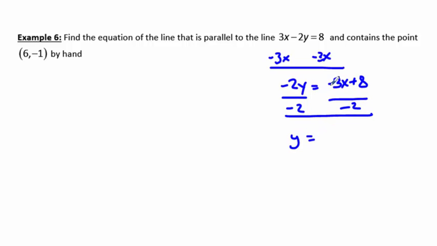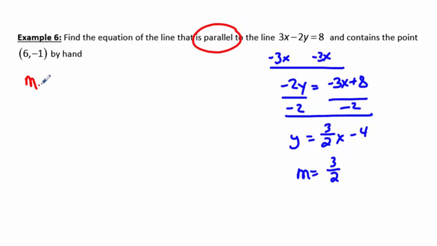So y is equal to negative 3 divided by negative 2 will be positive 3 halves x minus 4. So the slope of this line is positive 3 halves. The line we want is parallel to it, so it's also going to have slope positive 3 halves.